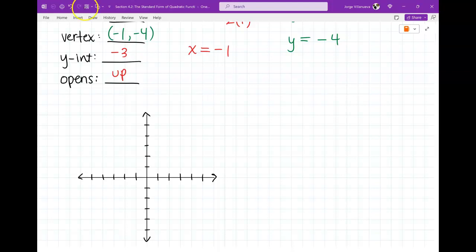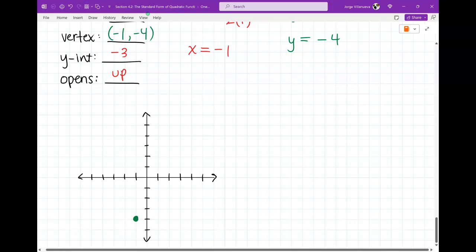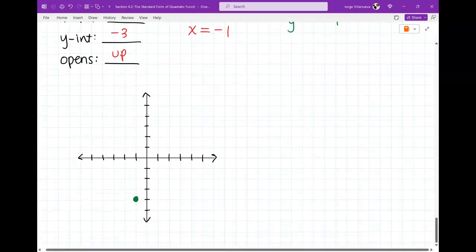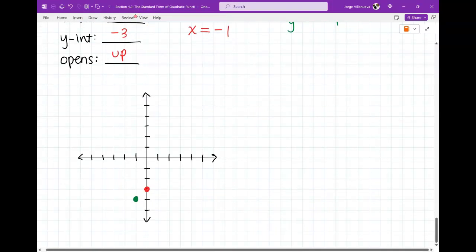So here we go. My vertex is at -1, -4. So -1, -4 is right there. And then my y-intercept is -3, so I'm going to use a piece right here. Remember with parabolas, if a point is on the right side, you copy it to the other side because it's symmetric.